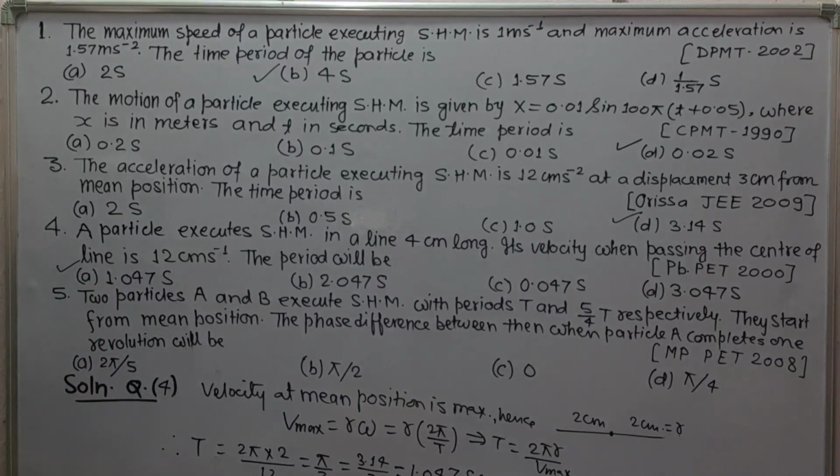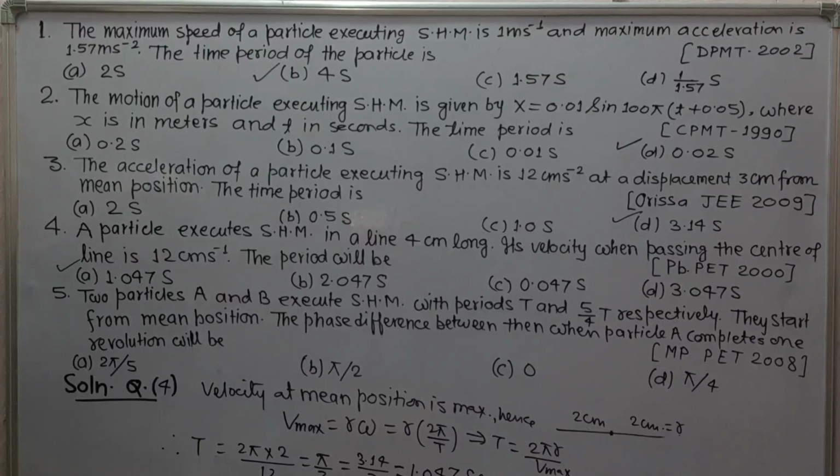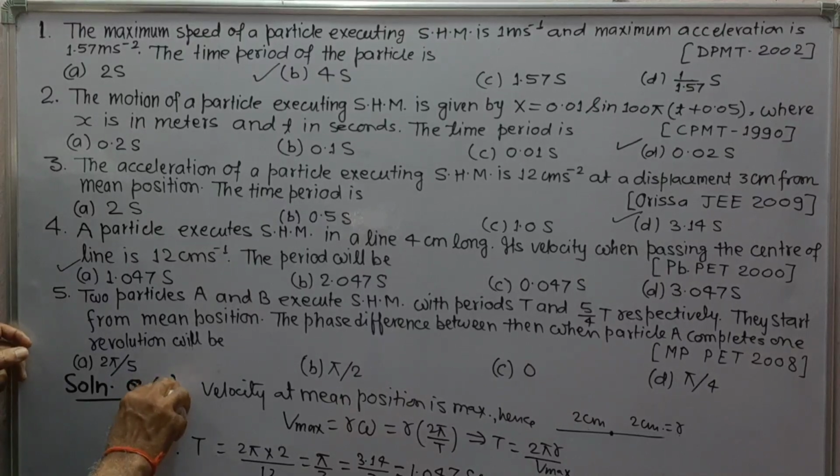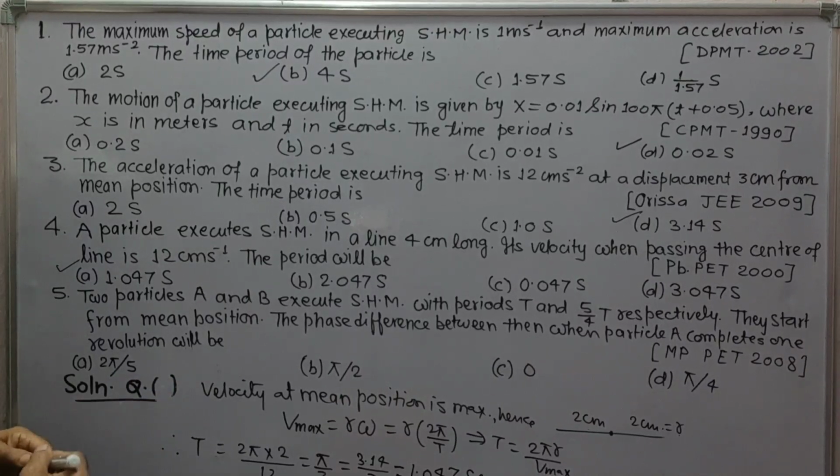Next question number 5. The question is, two particles A and B execute simple harmonic motion with periods T and 5 by 4 T respectively. They start from mean position. The phase difference between them when the particle A completes one revolution will be. So, solution to question 5.